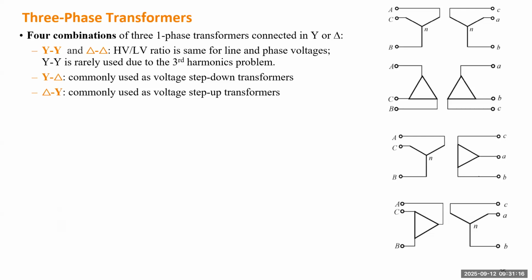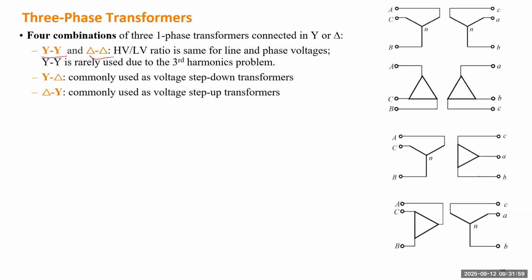All right, so next we move to the three-phase transformer. We'll quickly go through some conclusions you're probably already familiar with from when you took 325. There are basically 4 combinations of connections, because you need to decide either delta or Y connection on either side, considering both primary and secondary windings in 3 phases: Y to Y, delta to delta, Y to delta, and delta to Y. Y to Y and delta to delta are simpler connections because their high voltage to low voltage ratio is the same for line and phase voltage.